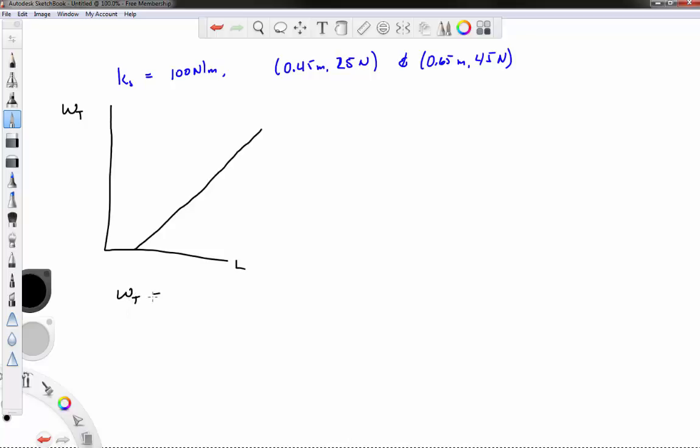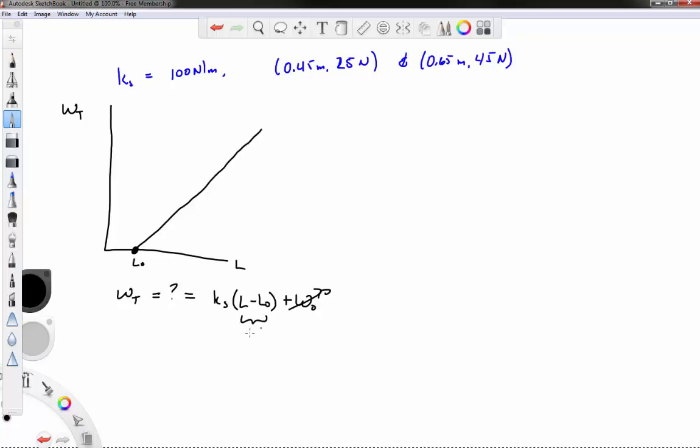So weight total is equal to Ks times L minus L naught plus weight 0. That's the kind of equation that I'd fit to this line, where this point right here is actually L0.